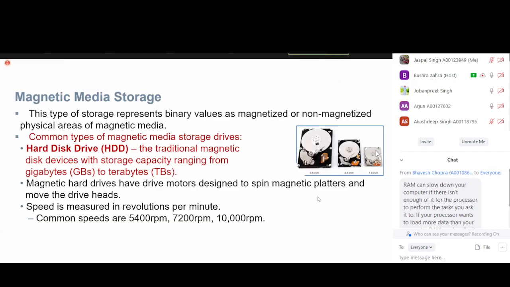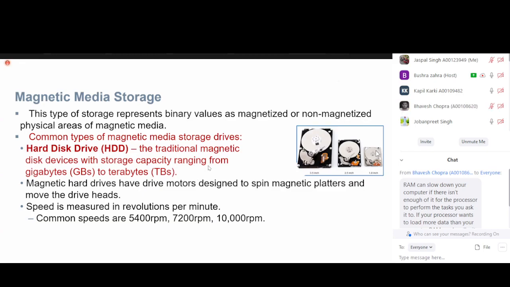I'm surprised. Really? What I'm asking is both hard disk type and SSD kind of hard drive.